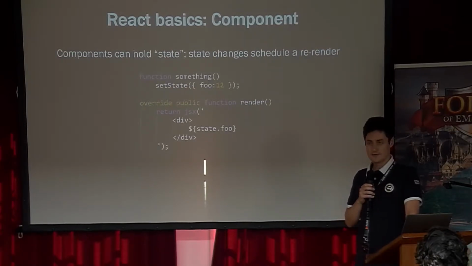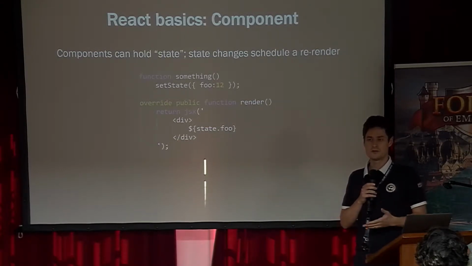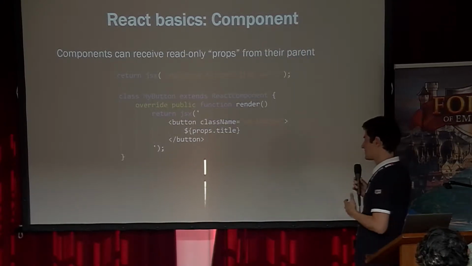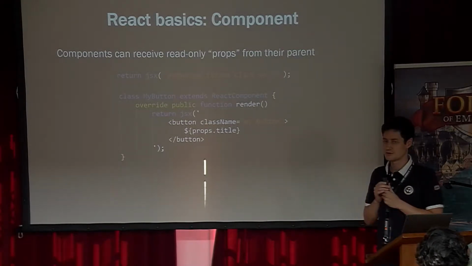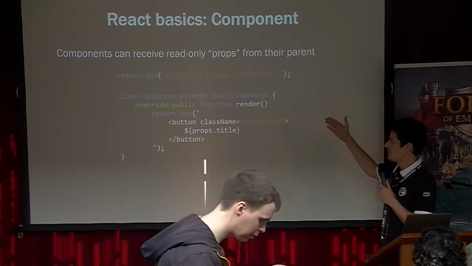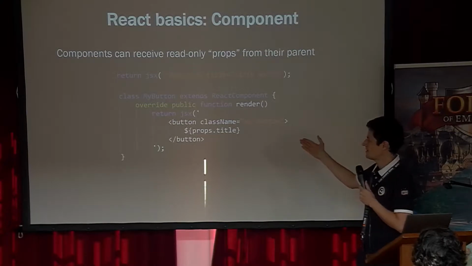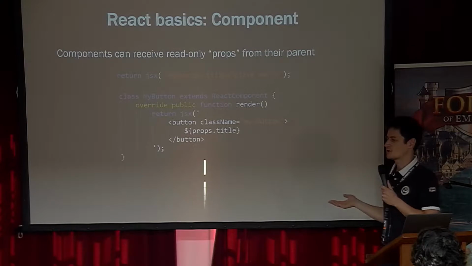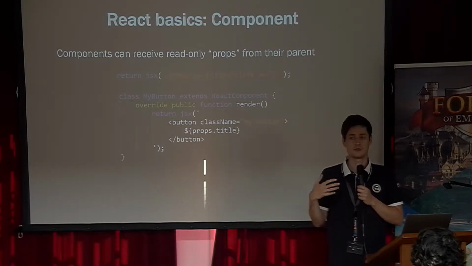Having just a state is not enough, so you need to configure your component, and to configure your component you pass it properties. So the props are passed as attribute. So we create a my button with a title attribute, which means the my button class will receive a props title, and components will then mix props, which are the external configuration, which can change.